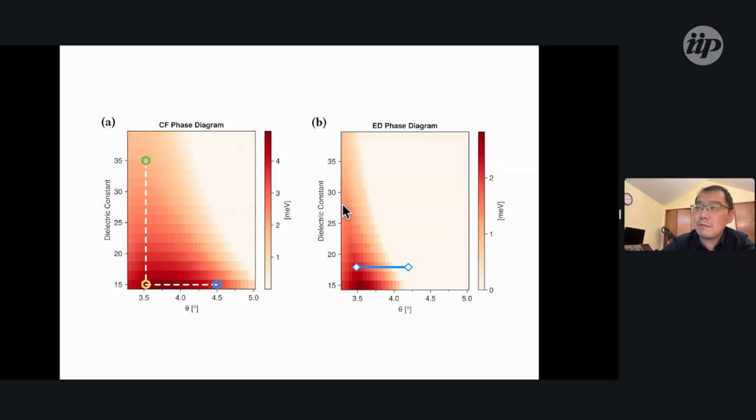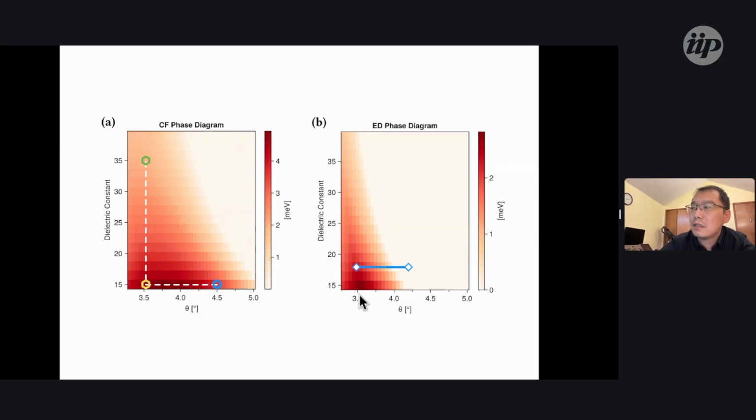And this is the same calculation, but using numerical ED calculation, for the same Hamiltonian. What's plotted here is the many-body gap. If you compare those two, you can see that this very simple mean field level calculation can really capture a lot of features in the ED.